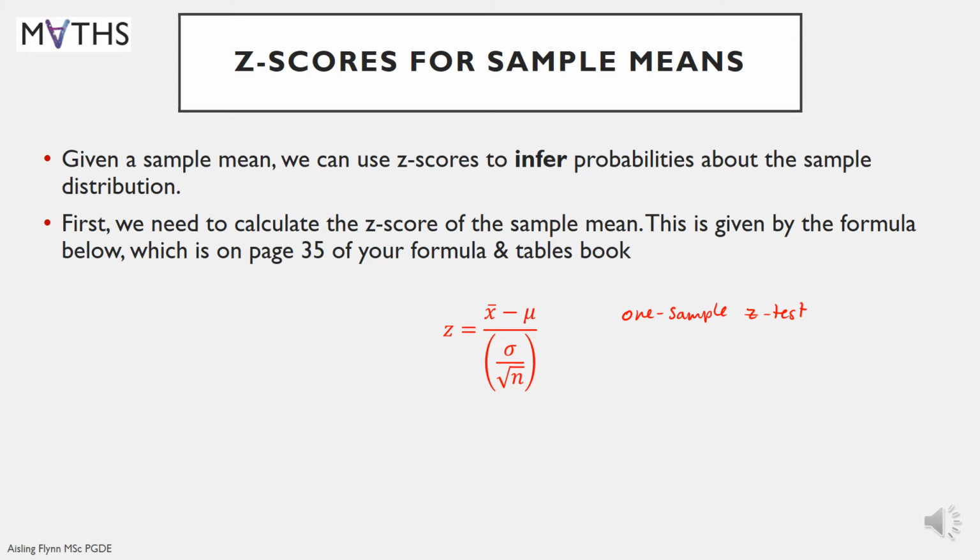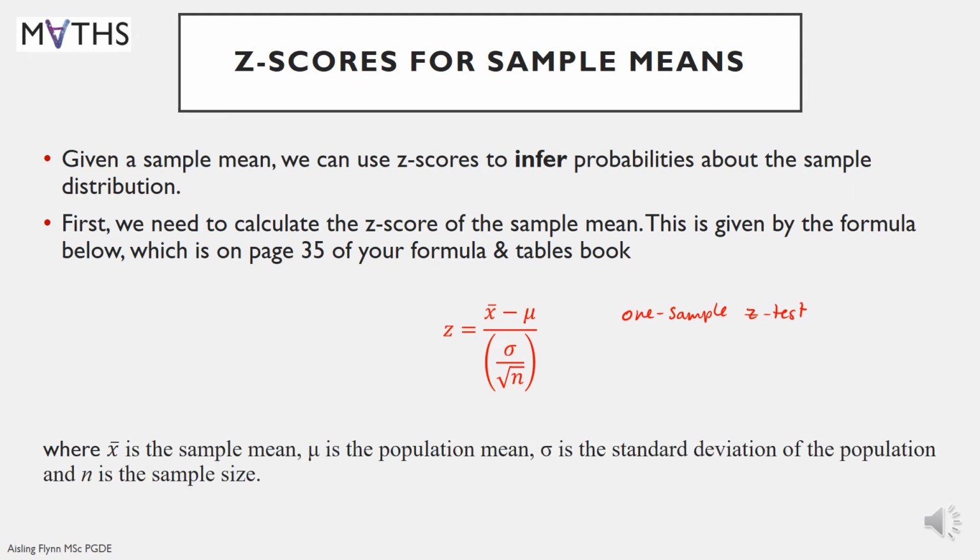So z is equal to x bar, which is the sample mean, minus mu, which is the population mean, divided by sigma, which is the standard deviation of the population, over the square root of n, where n is the sample size. We best put that into practice to make sense of it.